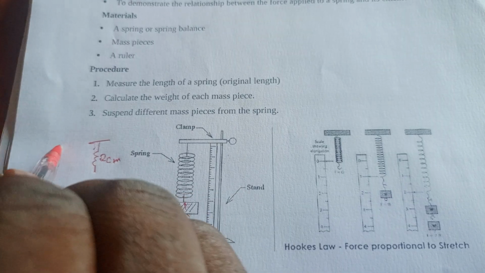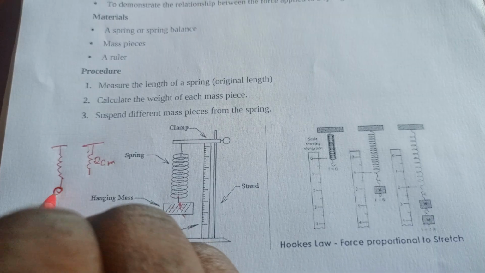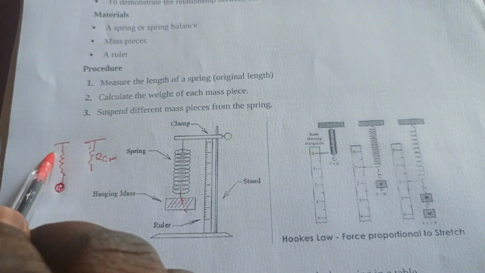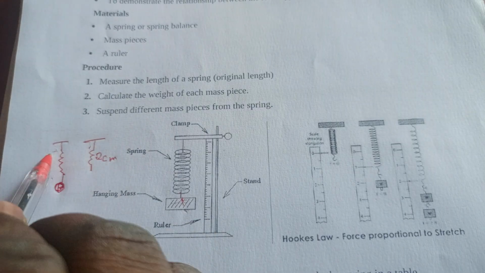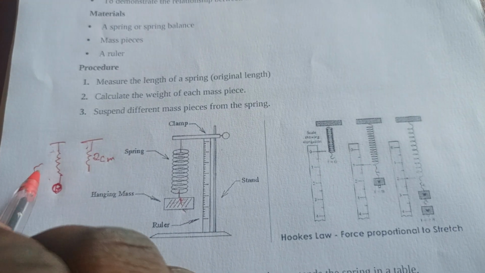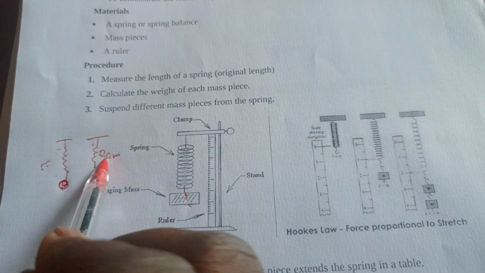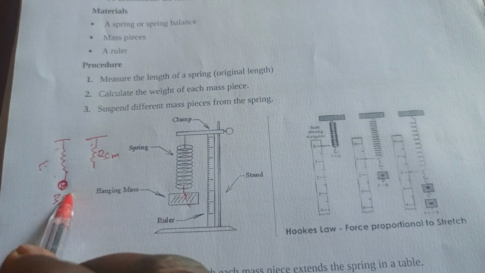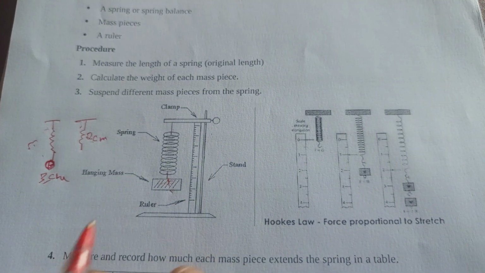After putting the mass, the length increases from 2 to 5. To find the extension, subtract: 5 minus 2. The extension will be 3 centimeters.